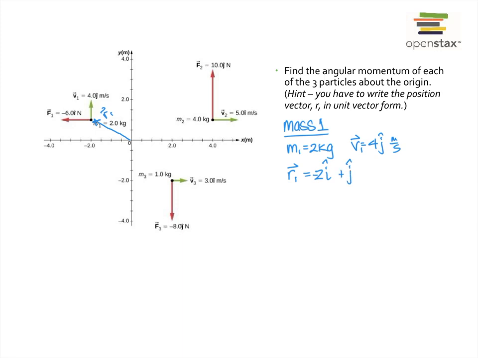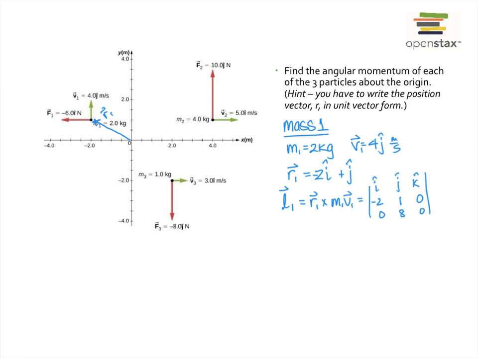Okay, so when I do the angular momentum for mass 1, it's R1 cross M1 V1. I'm just going to do the matrix method. Notice I pay attention to the direction. And this is going to be 0, 8, 0.